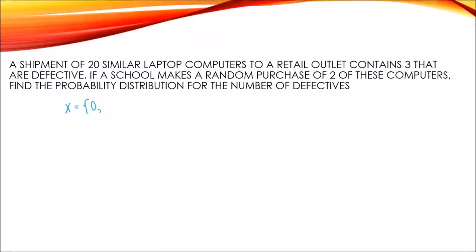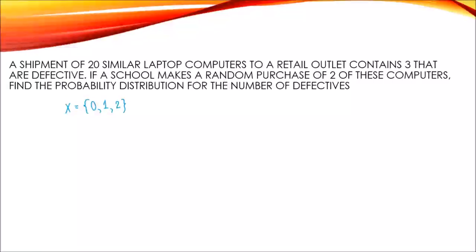However, there is one chance that we get one defective out of the 20. And lastly, it is possible that both of the laptops we get are defective. Okay, so our random variable values are 0, 1, and 2. Okay, so make a probability distribution.